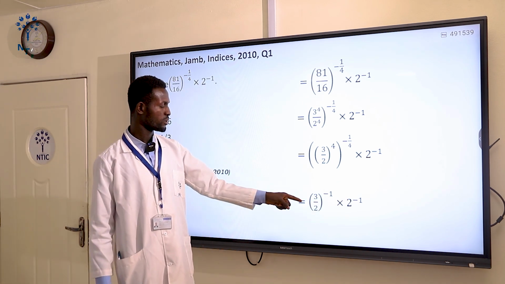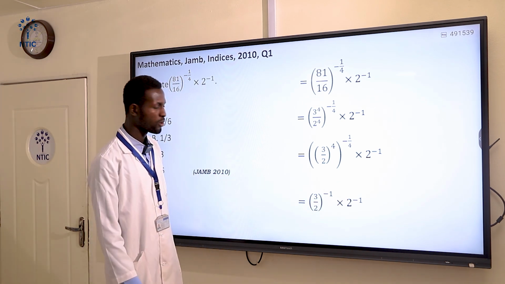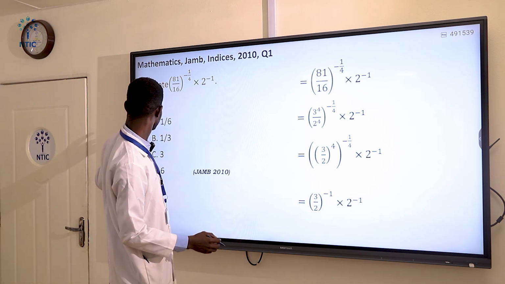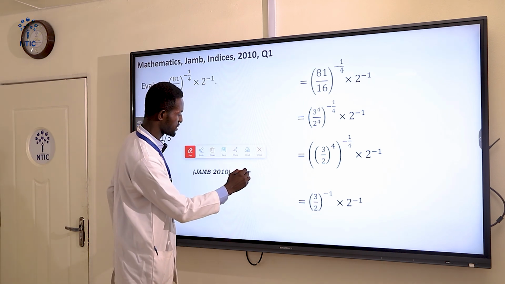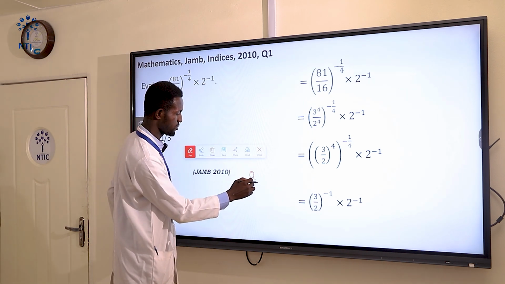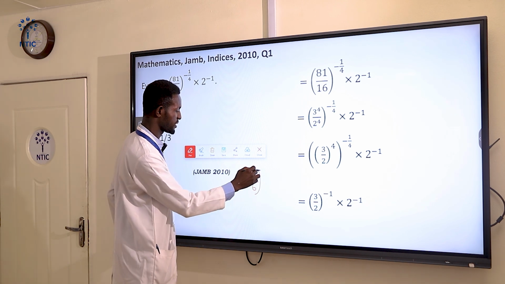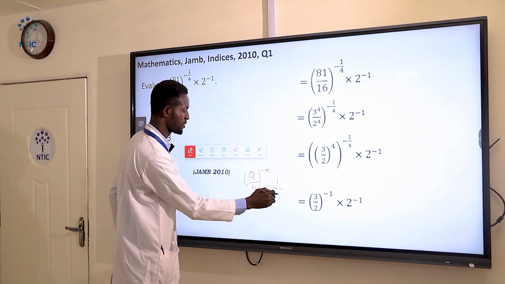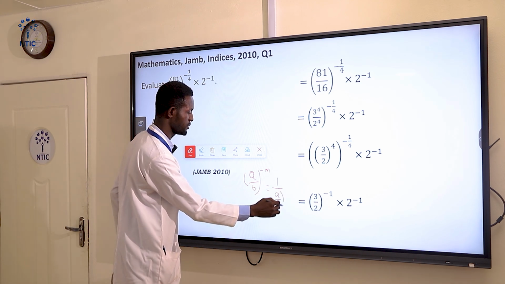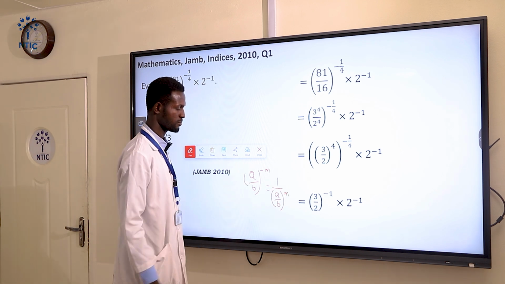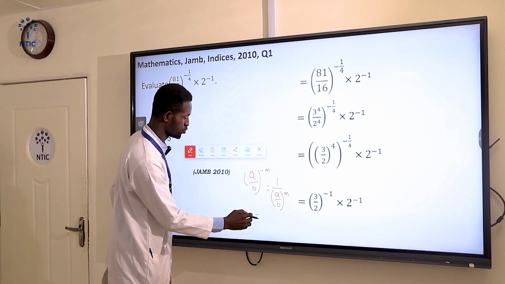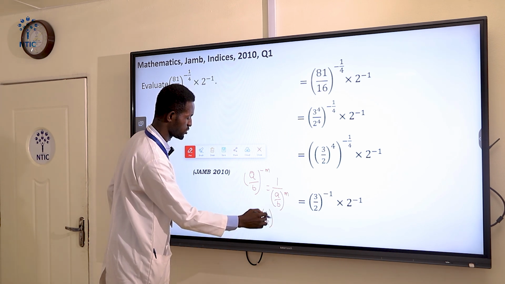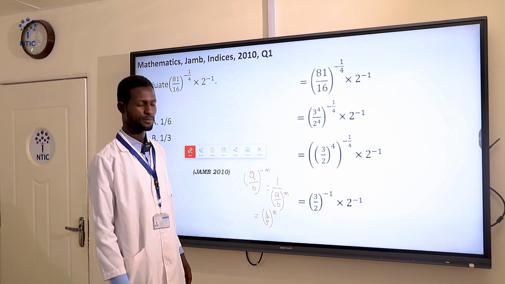On doing this, we also apply another law of indices that says (a over b) raised to power minus m is equal to 1 over (a over b) raised to power m, which is equal to (b over a) raised to the power m.